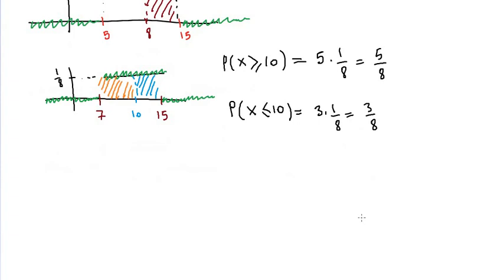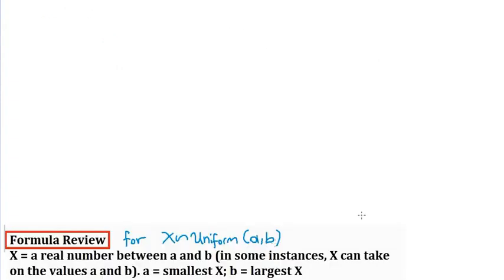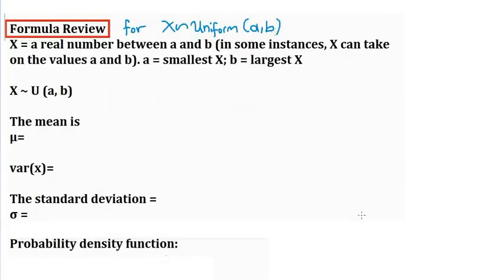Now let's do a formula review. A uniform random variable has two parameters, a and b. A is the lower boundary and b is the upper boundary that the random variable is supported in. And a is the smallest and b is the largest parameter.